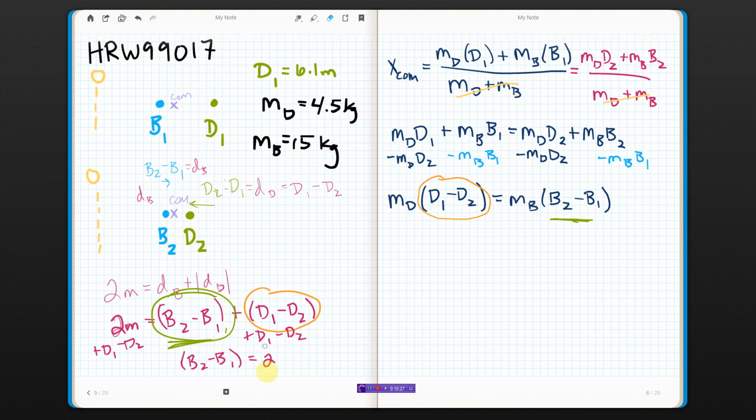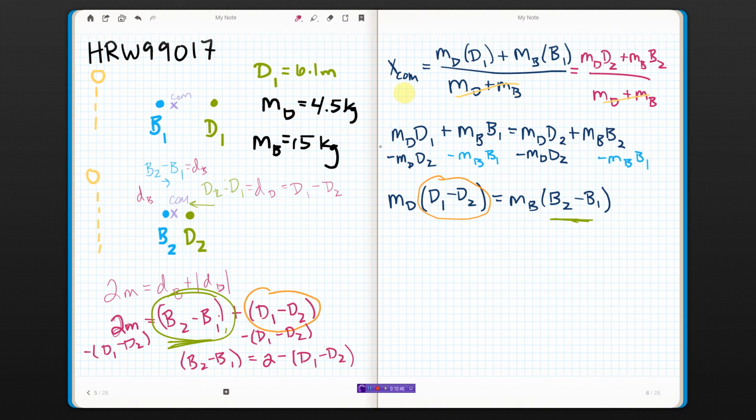Why did I do that? I don't know. This should be subtract both sides. Okay. Subtract the quantity. Okay. 2 minus the quantity D1 minus D2.